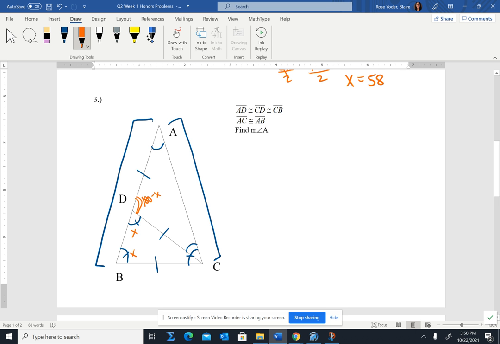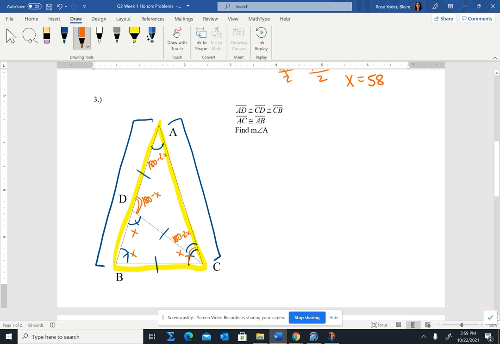And then there's a funny thing to find what's left over here for that one. Well, actually, how about I'll call this one here also X. So if I look at this big triangle here, that top angle then would have to be 180 minus 2X, which is congruent to this one, 180 minus 2X.